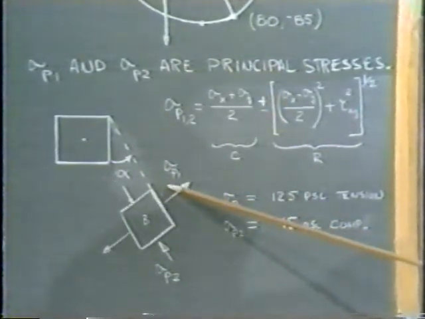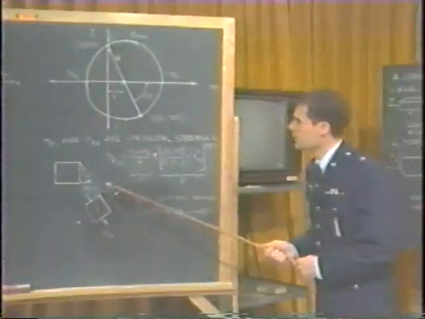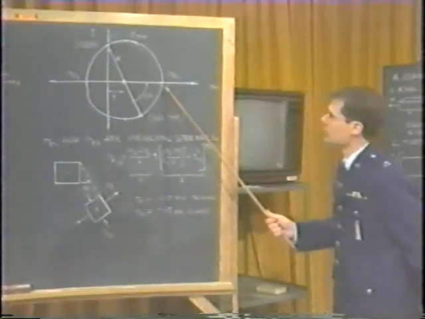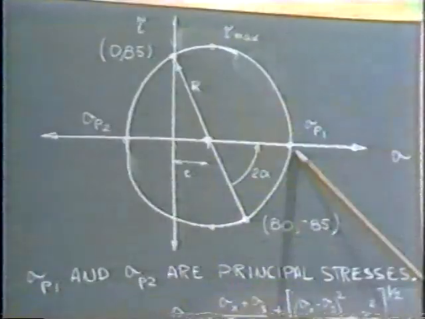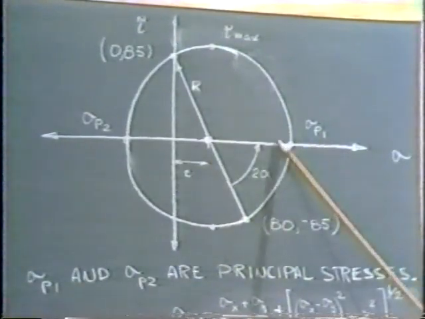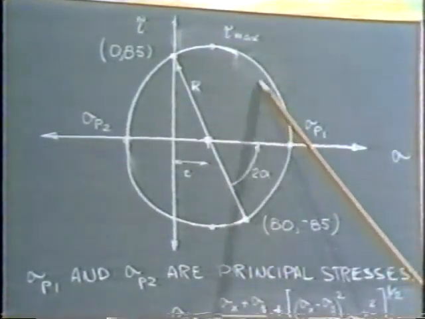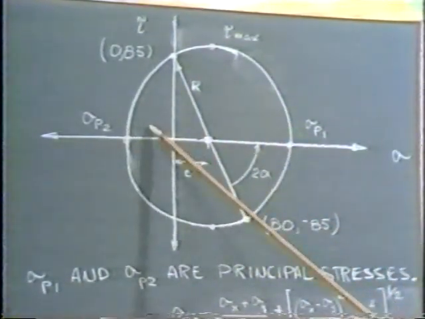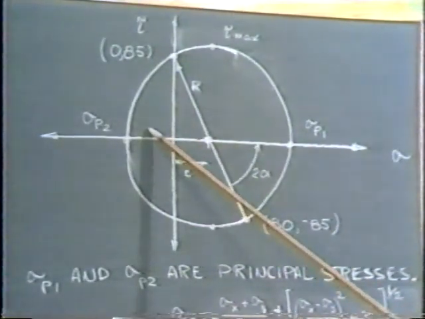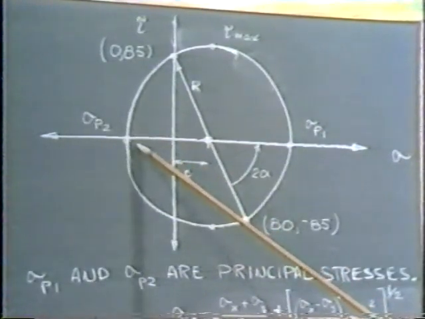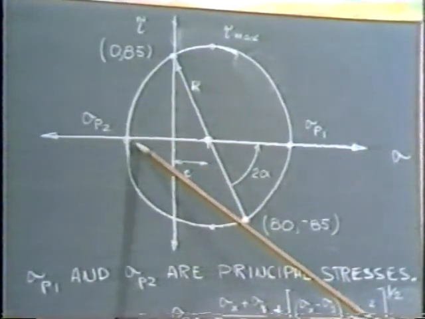If I go up to my picture above again, what I have done is located the first principal stress. If I continue to travel around the perimeter of the circle, I have gone a radial distance of 180 degrees, or pi, to find the second principal stress.